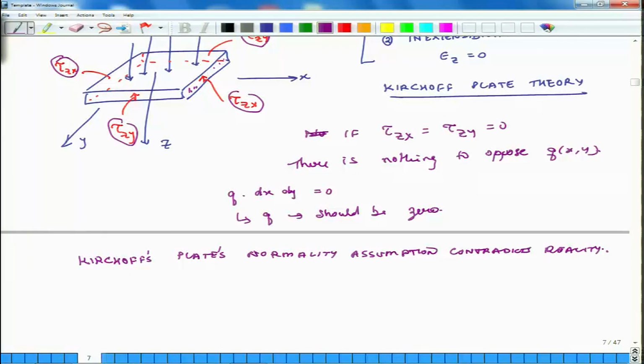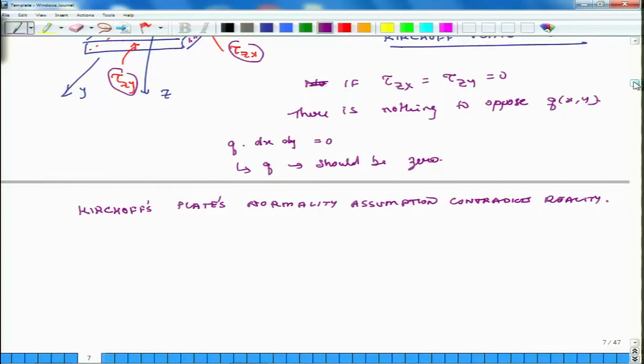Okay. So, this is something important to understand. Because of this we cannot say that tau zx is 0, it cannot be 0 in general, and similarly tau zy cannot be 0 in reality.